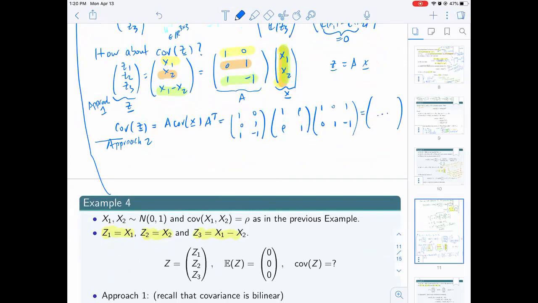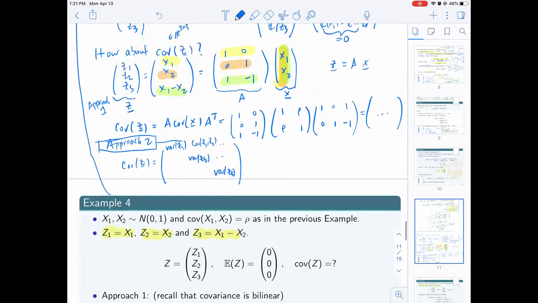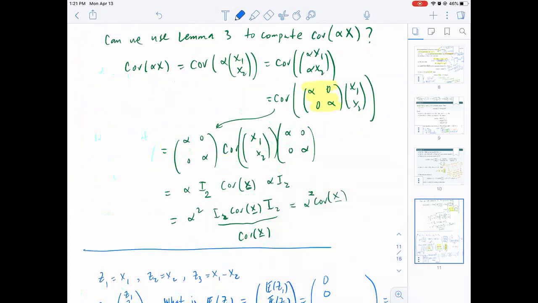In approach 2, the covariance of Z would be the variance of Z1, variance of Z2, variance of Z3, and then covariance of Z1, Z2, and so on. So I have to compute these individual elements. Is there a way of doing that?